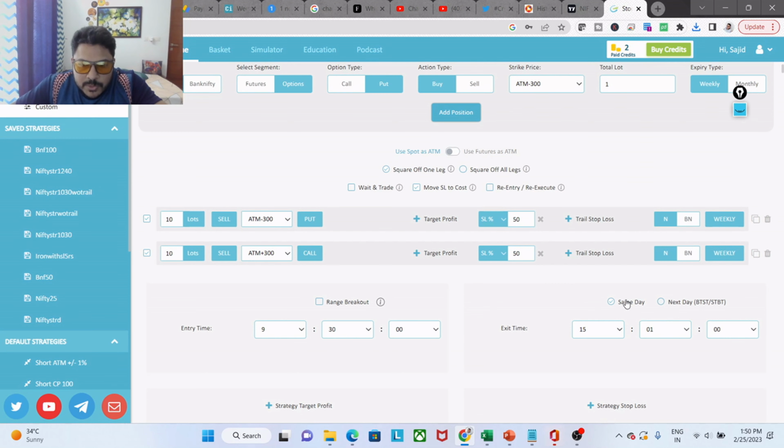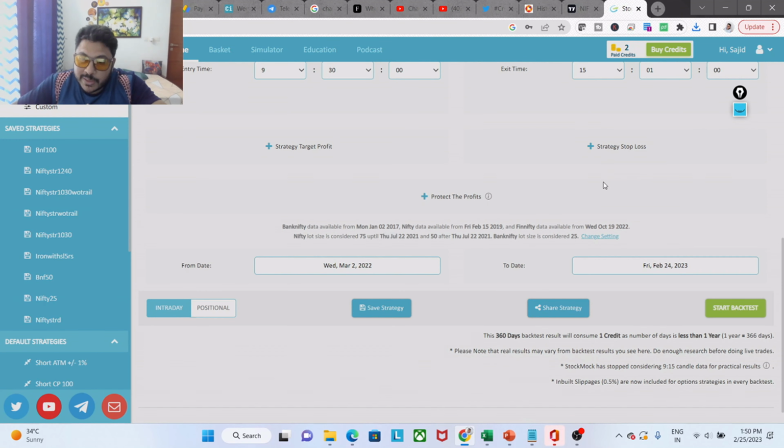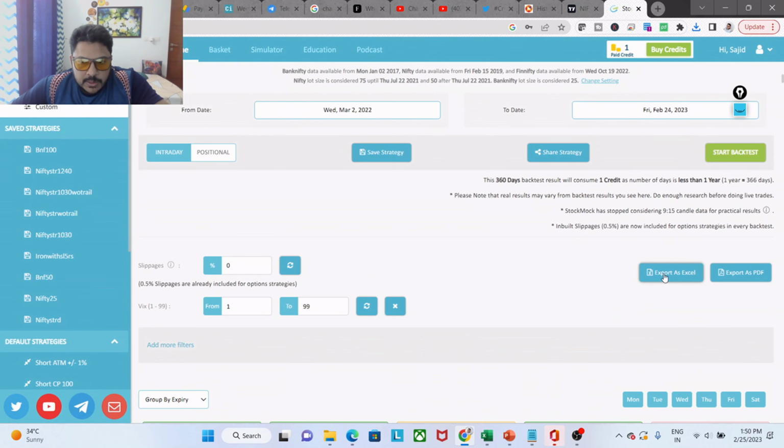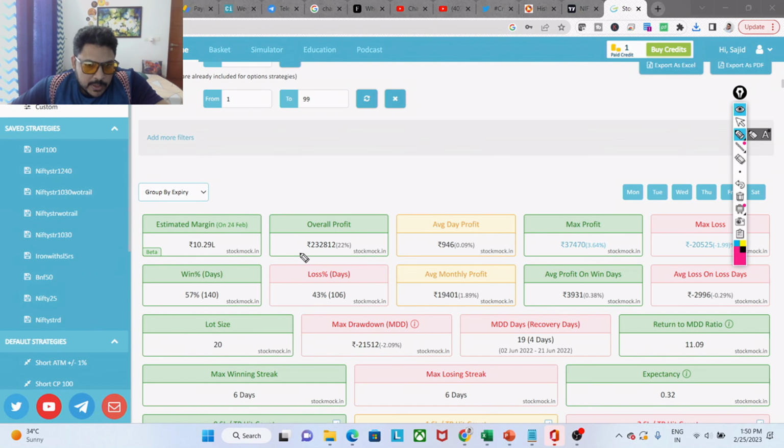Let's check. I have only 2 credits left, but let's check what happens if I do with 10 lots. Let's quickly export it. On 10 lakhs, you're making 22% profit.